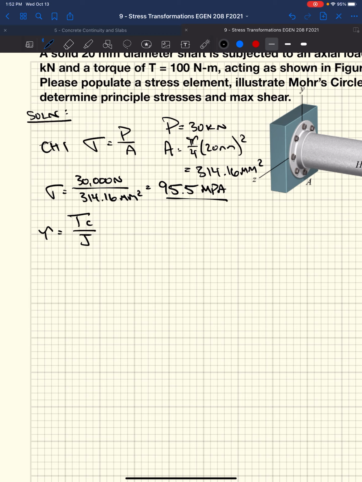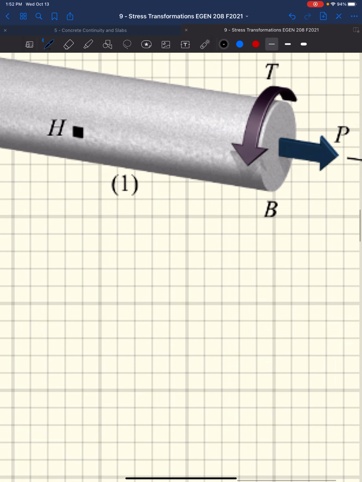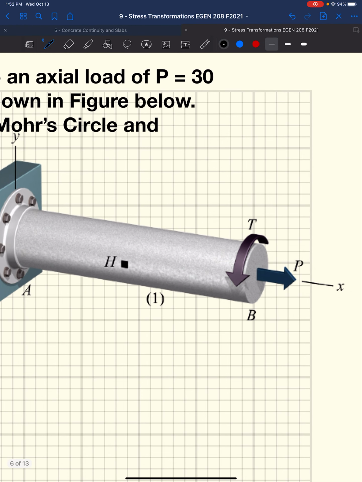We know by now torque applied to a shaft, whether it's a pipe or a solid shaft, induces shear stresses in that shaft. Those shear stresses are relative to the distance from the center, right? We have zero shear stress at the center. We work our way out to the outside. So if we look at a torque like we have here, draw a little circle.